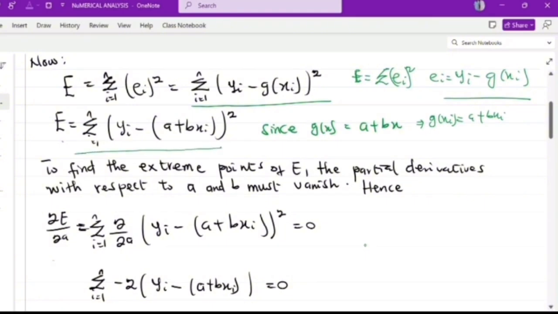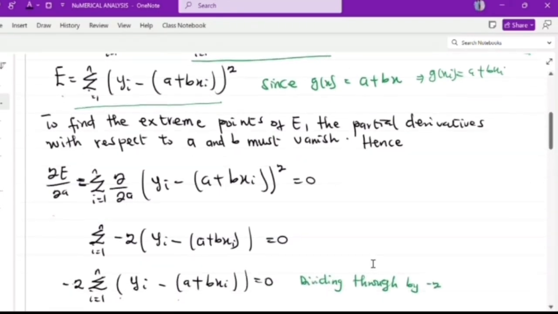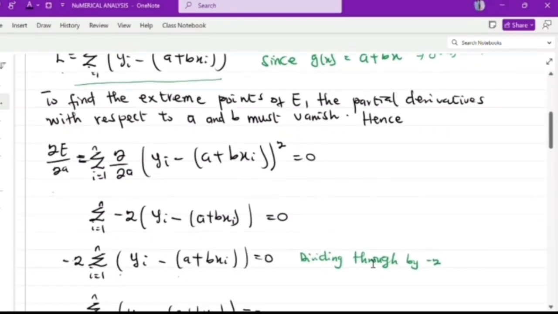Now, to find the extreme point of e, the partial derivative with respect to a and b must vanish. So what we are going to do here is to find the partial derivative with respect to a on both sides of the equation and equate it to 0. I will do the same for b.